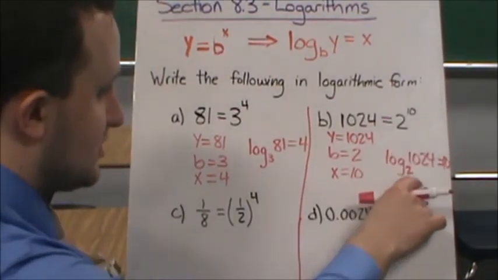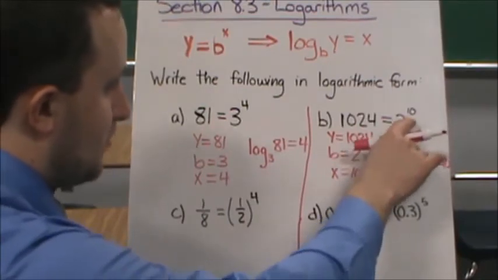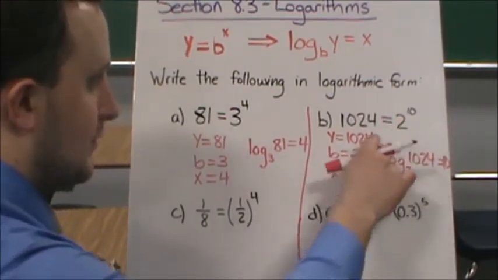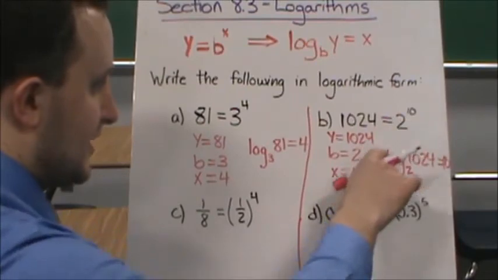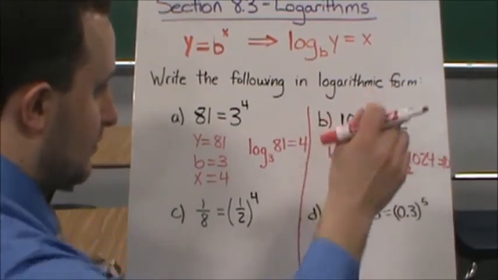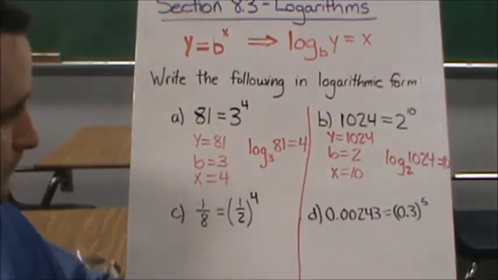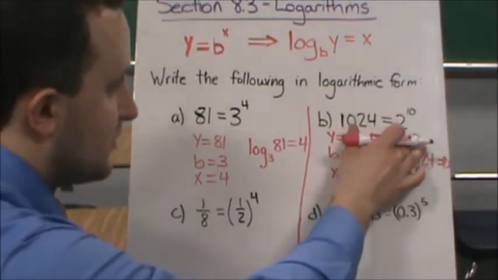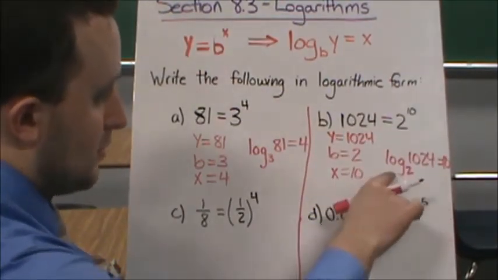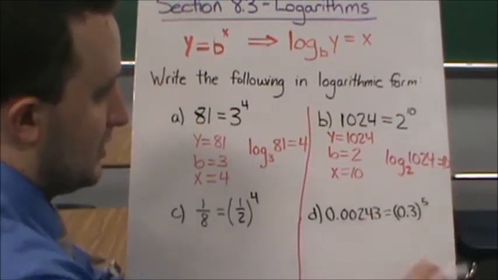The base is always 2. Whatever you're raising to a power, that will always be the base. The power will be the x, and the y value will be whatever is left over. So 1024 equals 2 to the 10th, and the logarithmic form is log base 2 of 1024 is equal to 10.